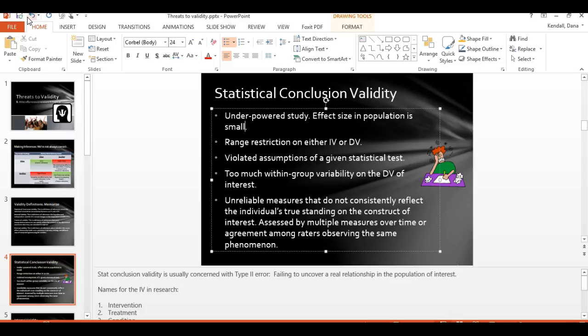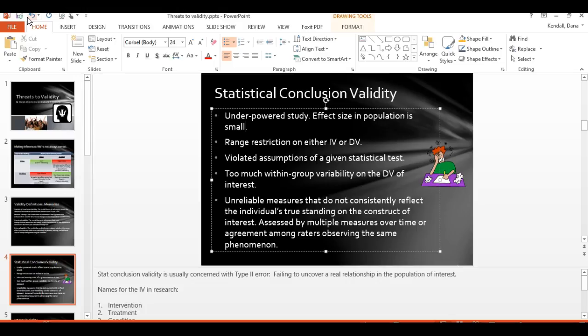And so you would want to pick that up and be able to start working on it, even if it is a small effect. However, the smaller the effect is in the population, the more likely that it's going to be very hard to find. And so that's the trade-off that we have. If there's a big effect in the population, then you won't need as much N size to find it. But if it's small, then you'll need a lot of N, and you will need really precise measures to pick it up.